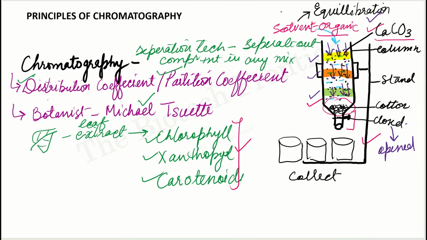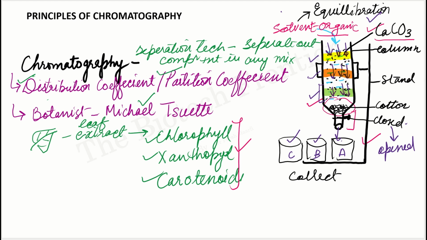As soon as he saw the separated bands, he started collecting each of them at the bottom in containers, say containers A, B and C. He collected the green component in beaker A, orange in beaker B, and yellow in beaker C, separately.